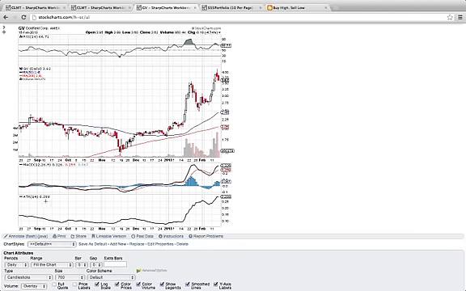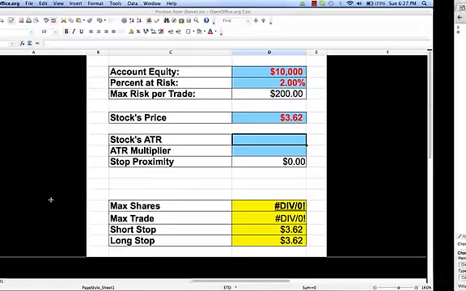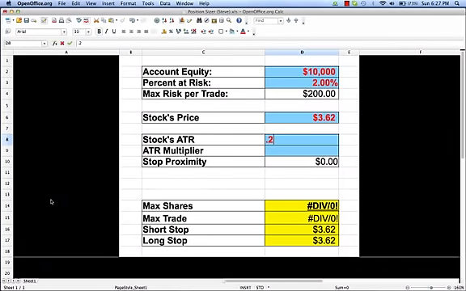So we can see here that the average true range of this stock is 0.288. So what that means is, on average, the stock moves roughly 29 cents from high to low on a daily basis. So 0.288, type that in there. The next box is the ATR multiplier.